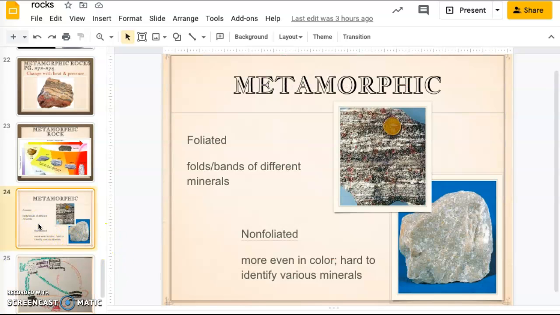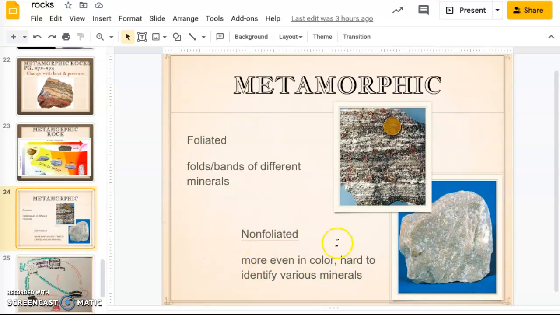So metamorphic have two main categories, foliated and non-foliated, and that was in your reading material yesterday as well. When the mineral crystals rearrange and change themselves into bands or lines or folds, see here it looks like there's a band of white minerals, followed by a black, followed by a light gray, followed by a darker gray. So when the minerals rearrange themselves so as to look folded or in layers, that's known as a foliated metamorphic rock.